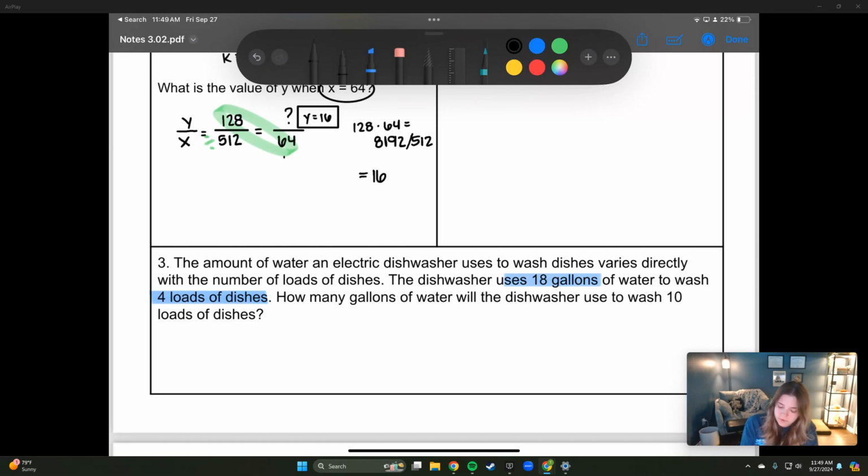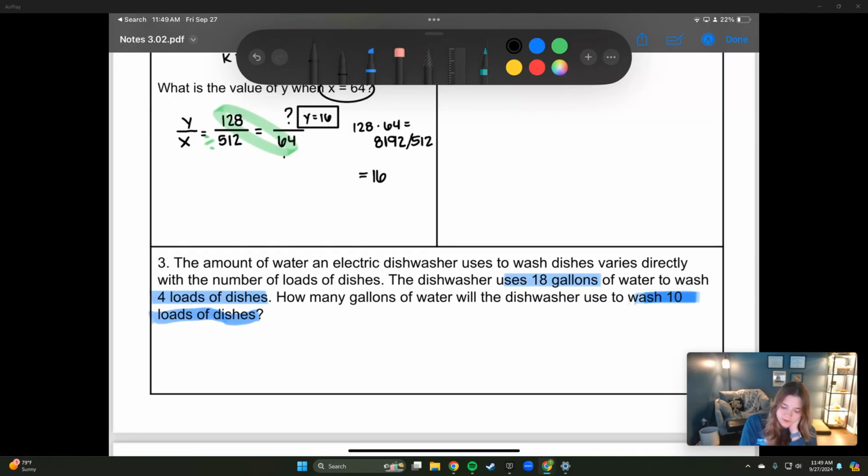We know we're dealing with gallons of water and we're dealing with dishes. Okay, so that's important. Now let's see what the question wants us to do. How many gallons of water will the dishwasher use to wash 10 loads of dishes? So now it wants to know, if you're using 10 loads of dishes, how much water is it going to take? So we're looking for gallons of water.